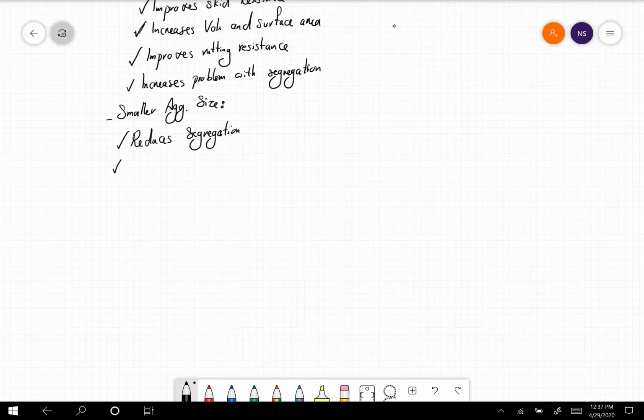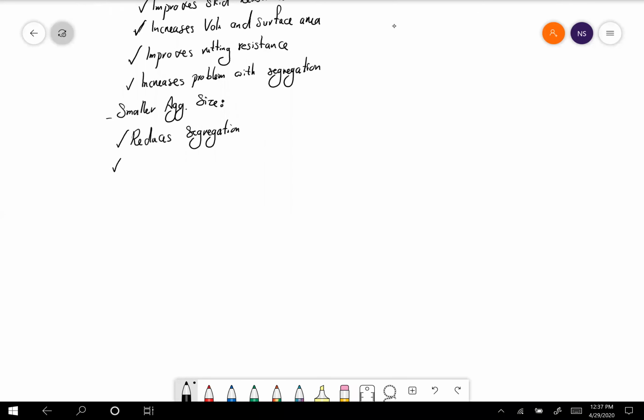If you paid attention, while you're driving on a coarser aggregate asphalt surface, you will hear more noise compared to a finer aggregate that the asphalt layer is built of.